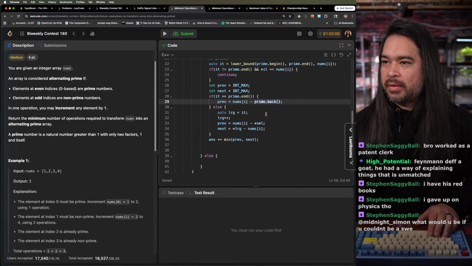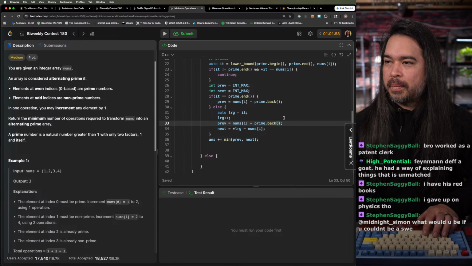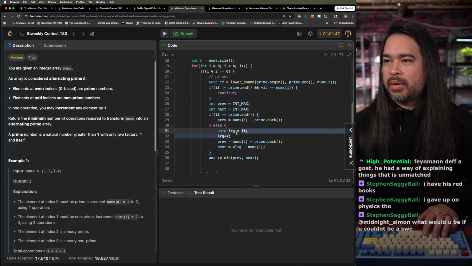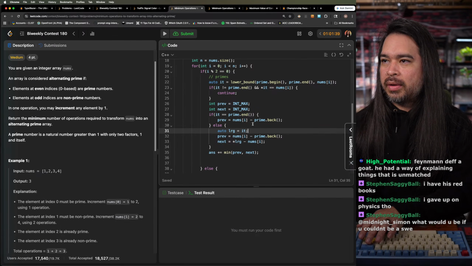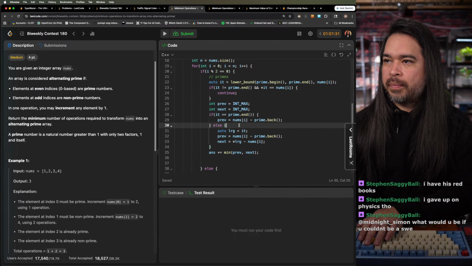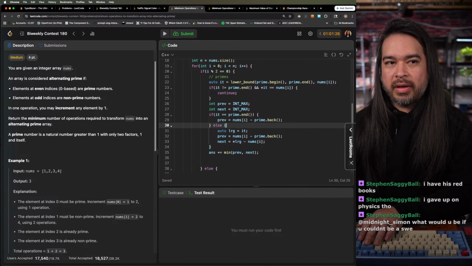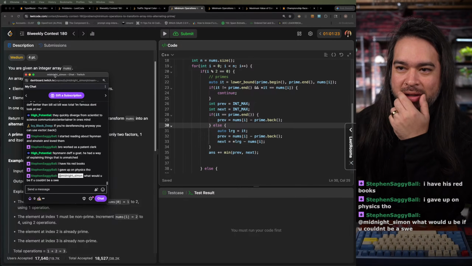Wait. Oh wait, this is probably wrong because this is already the large one too. So maybe I don't need to increment that. Wait. Let me think. I'm confusing myself.